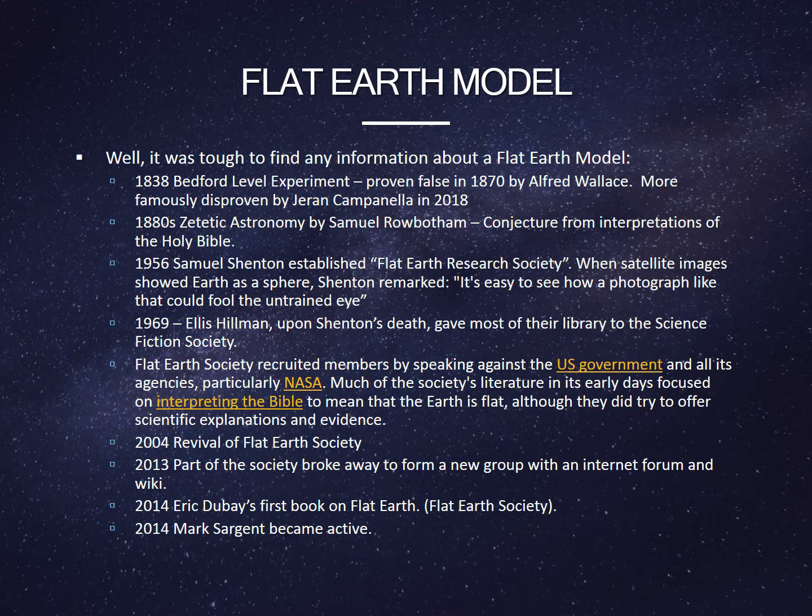When satellite images showed the Earth as a sphere, Shenton remarked, "It's easy to see how a photograph like that could fool the untrained eye." That was in 1956. In 1969, Ellis Hillman, upon Shenton's death, gave most of their library to the Science Fiction Society. I thought that was interesting.